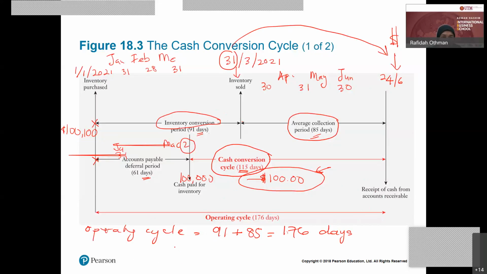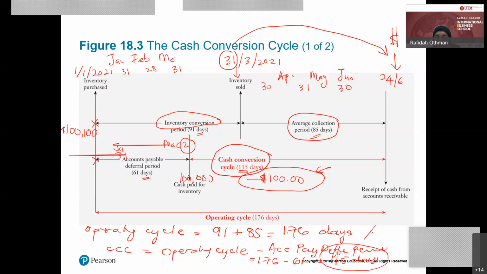Okay, so to find your cash conversion cycle, it is operating cycle minus the accounts payable deferred period. So here is 176 minus 61 equals 115. So now you have 115 days.